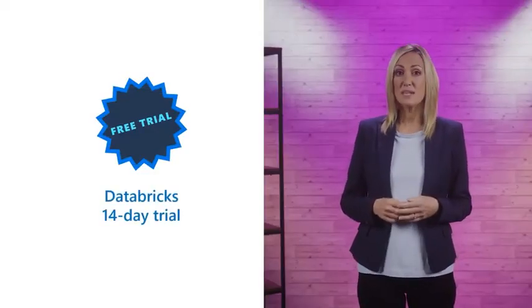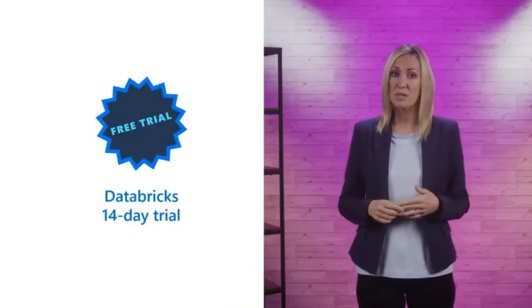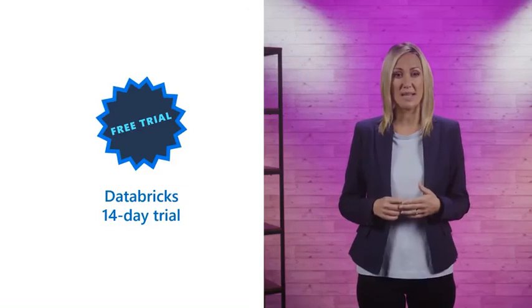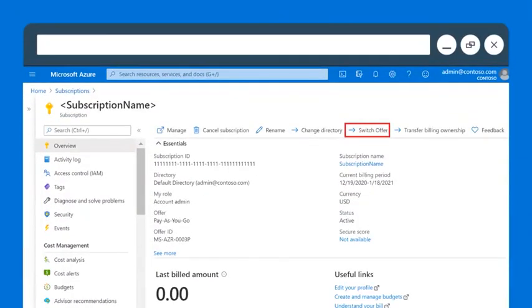This module's labs can be completed for free using the Databricks 14-day trial, but you cannot use an Azure free trial subscription to create a Databricks trial workspace. To switch a free trial subscription to pay-as-you-go, go to your profile and change your subscription offer to pay-as-you-go.